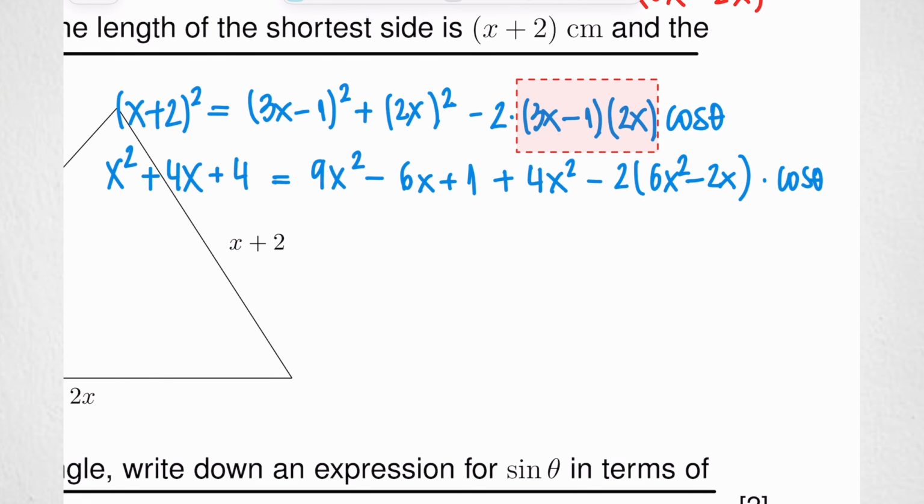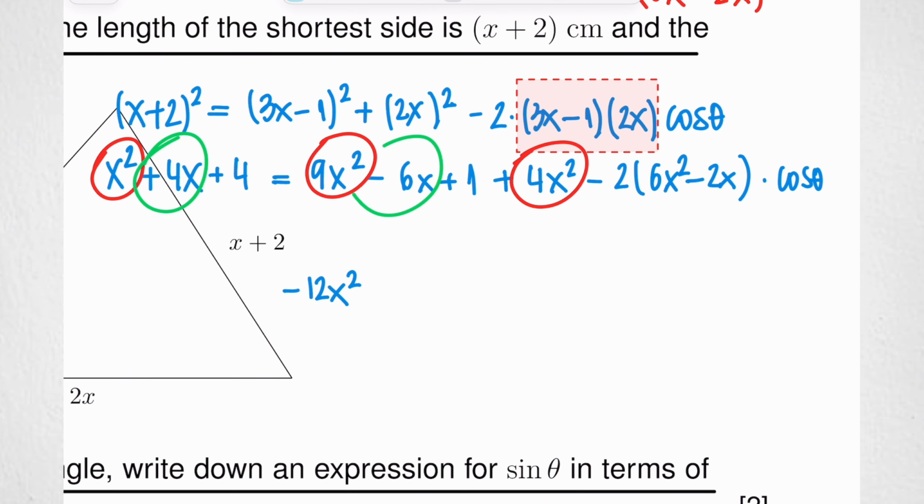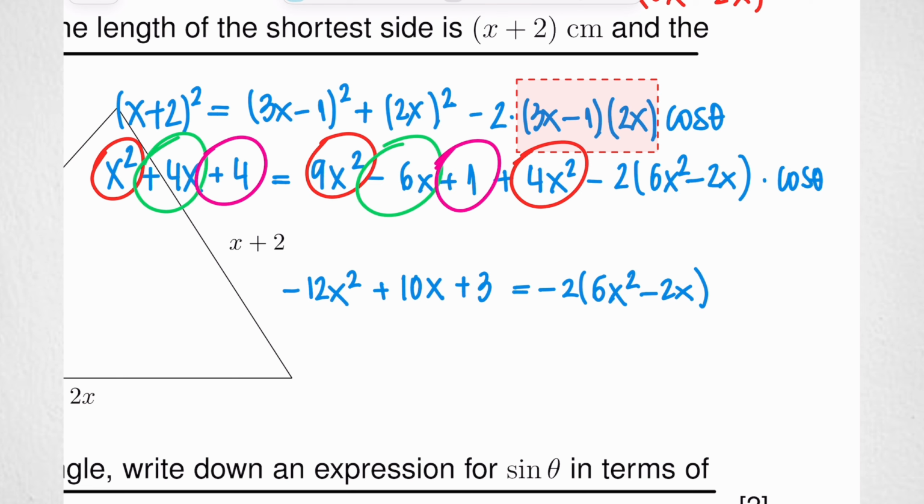Now we can simplify these terms, writing them as negative 12x squared on the left-hand side of this equation. Also the x's, so plus 10x, and simplify the 1 with the 4, so plus 3, equal to negative 2 (6x squared minus 2x) cosine of theta.